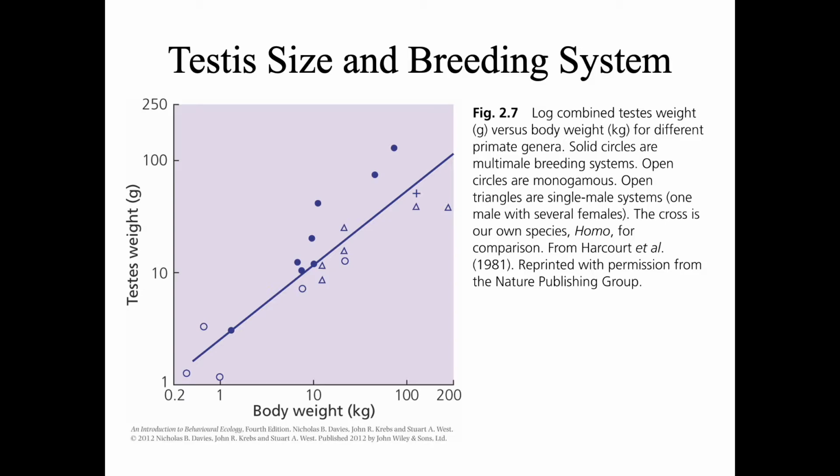So, when we look at testis size in the breeding season across a wide range of primates, one of the things that we see is that when we plot the breeding system on this plot, a pattern emerges. The open circles are monogamous species. You see that they're all very close to the line or slightly below the line. Open triangles are single male systems, one male with multiple females.